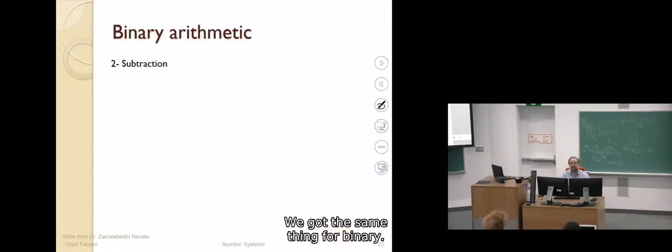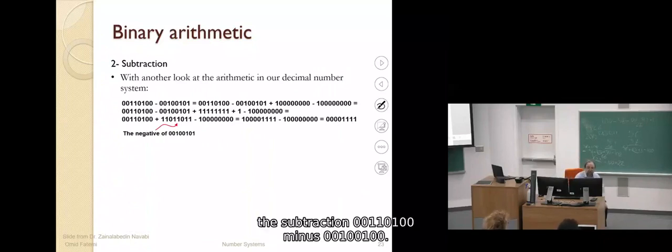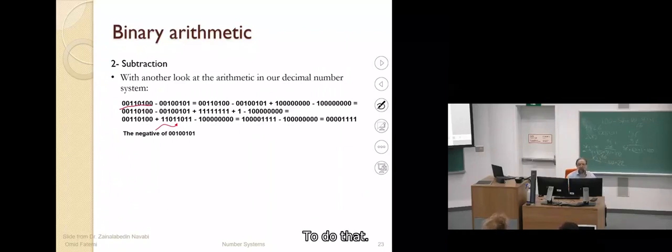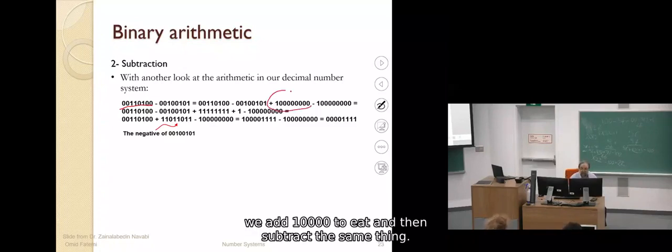So we do the same thing for binary now. Let's say we want to do this subtraction: 00110100 minus 00100100. To do that, if we want to use the same analogy that we had before, we add 10000 to it and then subtract the same thing.